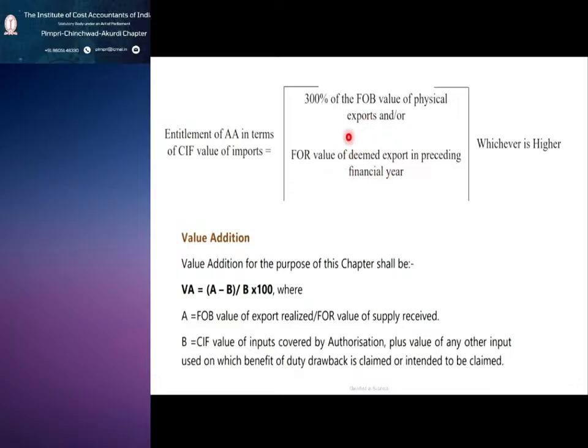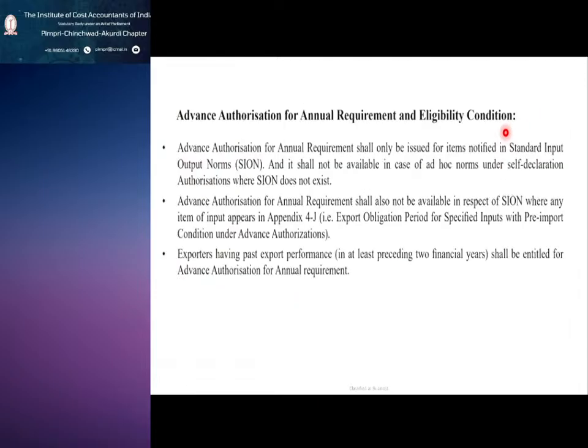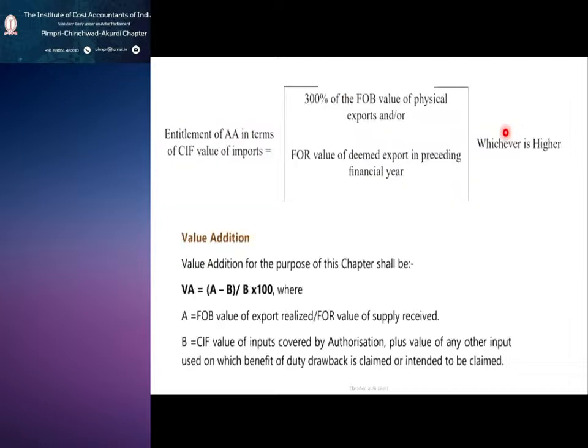This is deemed export. So deemed export means if I sell to any EOU unit, that we call a deemed export. So they calculate whichever is higher before issuing the annual authorization for annual requirement.